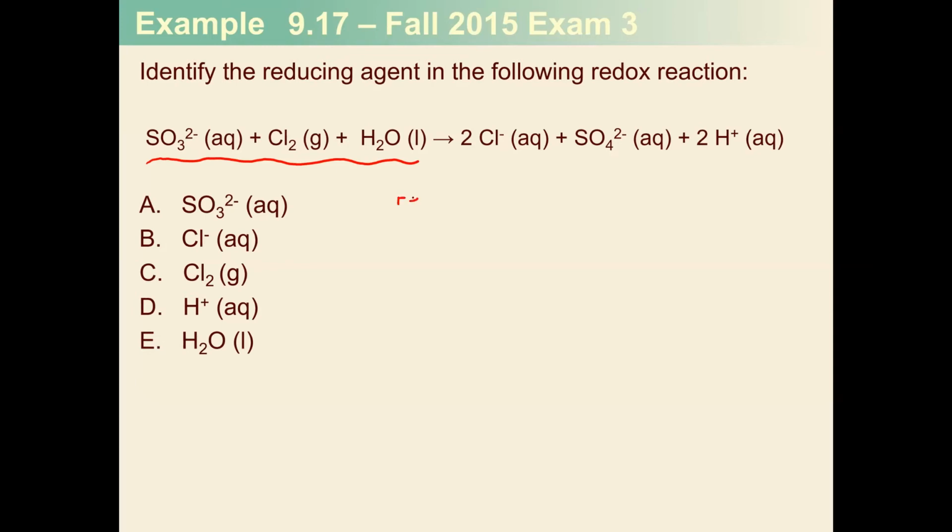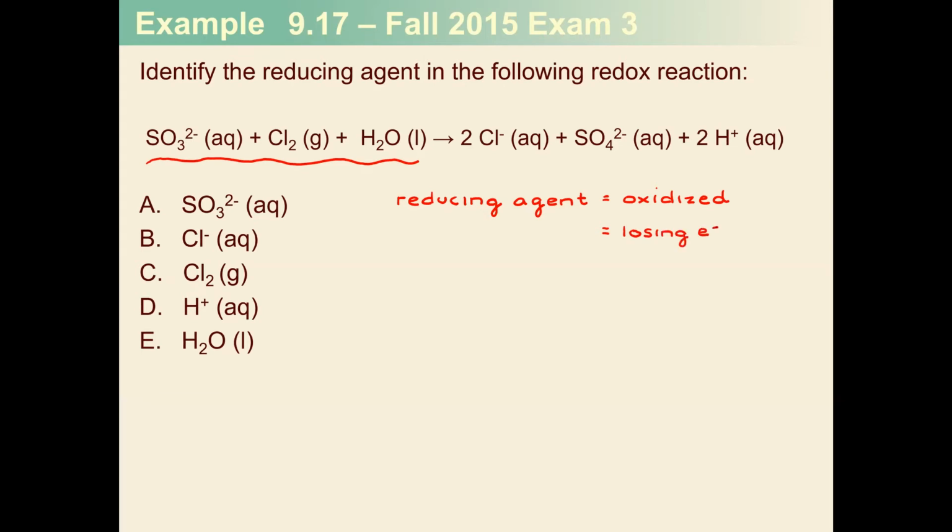Remember that for a reducing agent, this is going to be the species that is oxidized. If it is going to be oxidized, does that mean that it is gaining or losing electrons? This means that it is going to be losing electrons.